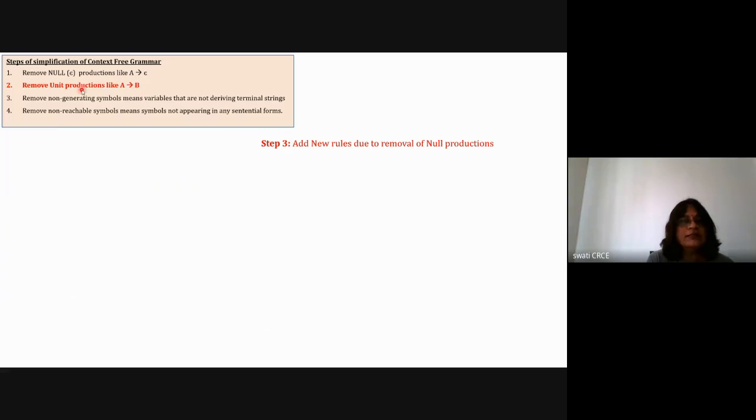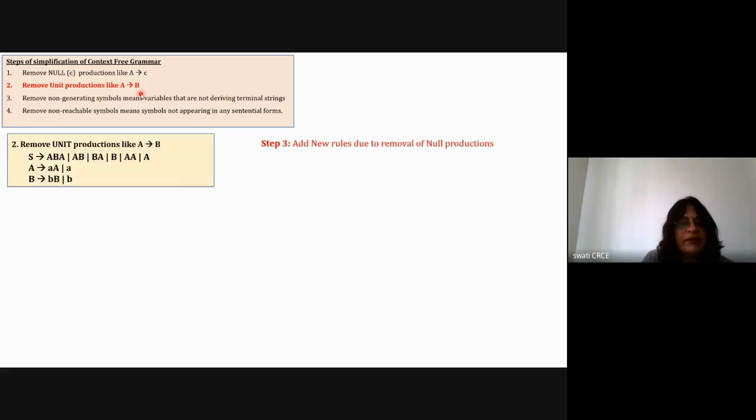What we are saying is that we have to remove the unit production, where the left hand side is a single variable, the right hand side is a single variable, and A generates B. What is the meaning of that? We are saying that whatever is there in B, whatever the value of B is, is also A. So A is nothing but B. That way you interpret it and then rewrite the grammar.